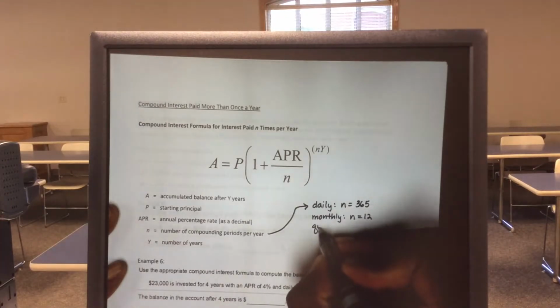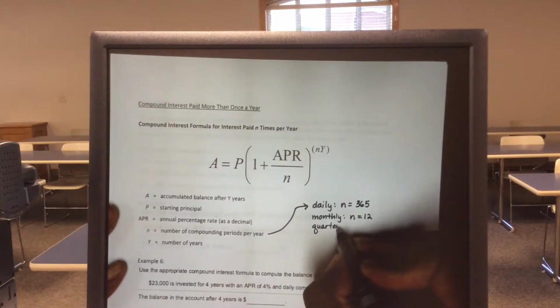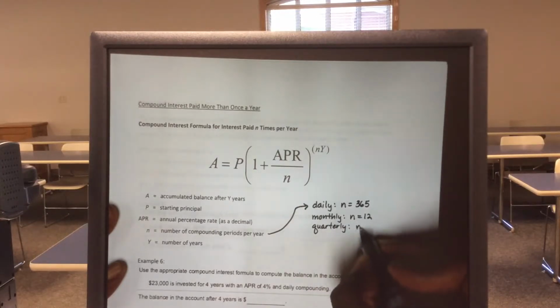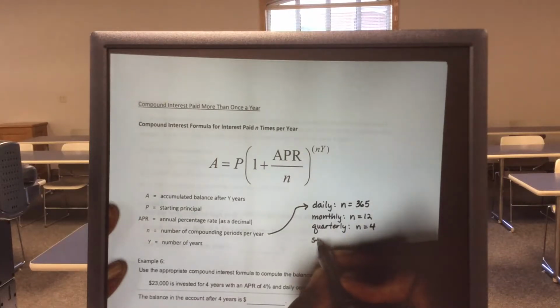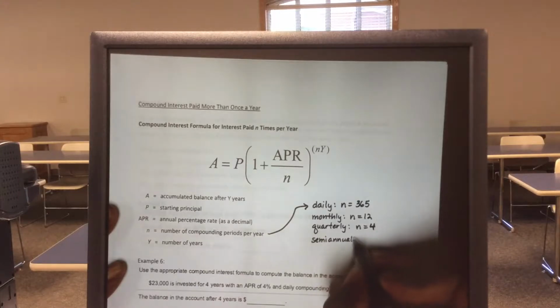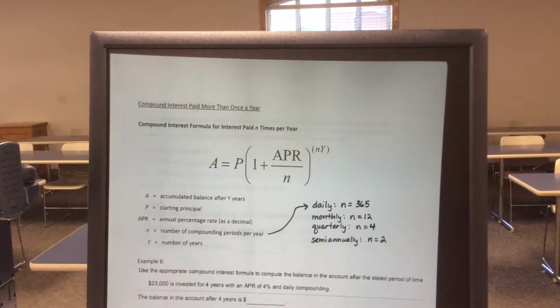Quarterly compoundings means that N is equal to 4. Semi-annually means that N is equal to 2. Quarterly, there are 3 months in a quarter, so it's done 4 times in a year. Semi-annually, only twice, the first 6 months and the last 6 months. And monthly, there are 12 months in a year. N is equal to 12.